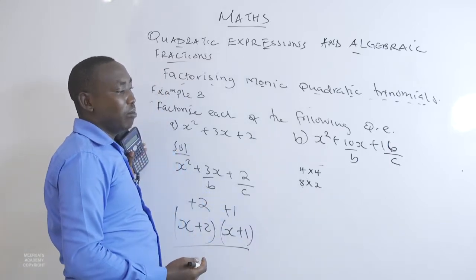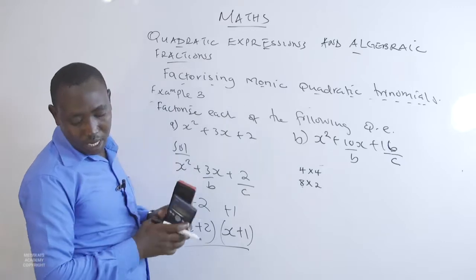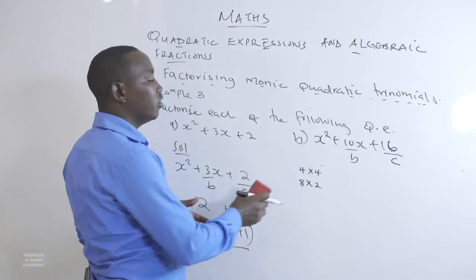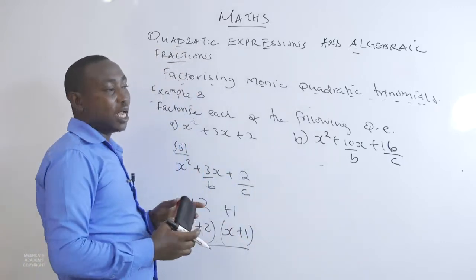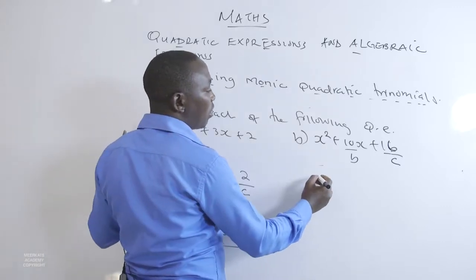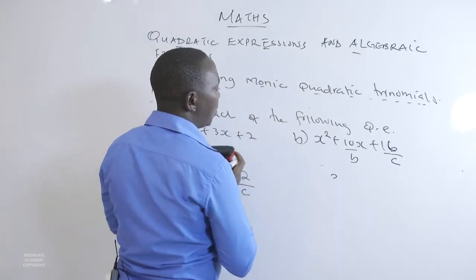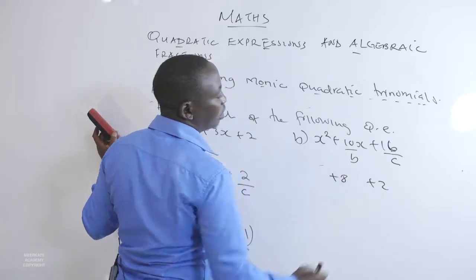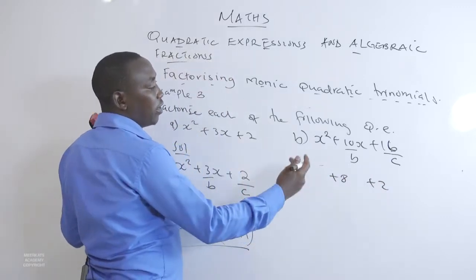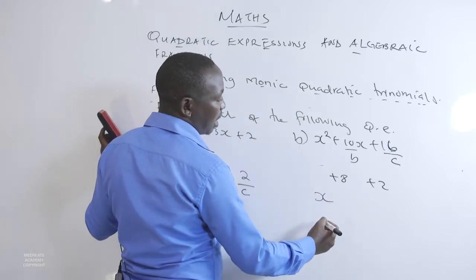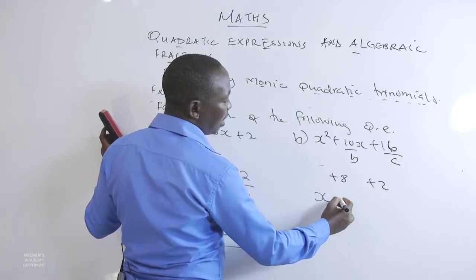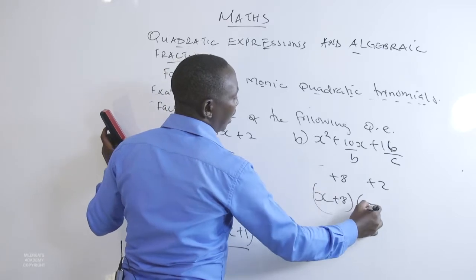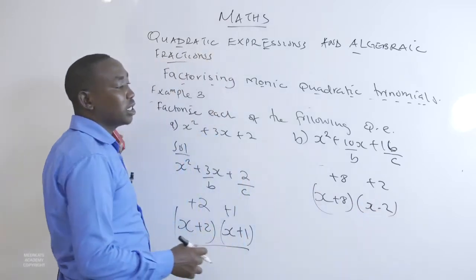The result will be 10. So this tells us that the two factors are positive 8 and positive 2. So when we rewrite them in factorized form, this will be x plus 8, x plus 2.